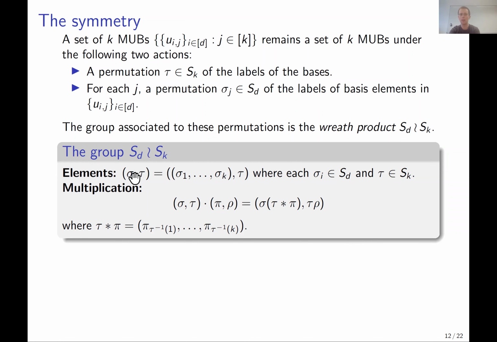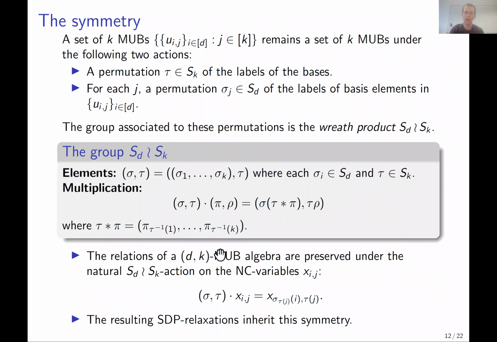I wrote down the formal definition of this group here, but it's not too important for the rest of the talk. The elements are described by K tuples of permutations in SD and one permutation in SK, and there's a group action that's as follows. Not only is the MUP property preserved under the action of this group, the relations of this MUP algebra are also preserved under the same action.